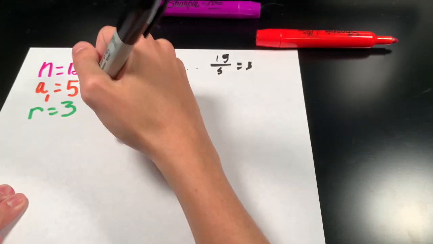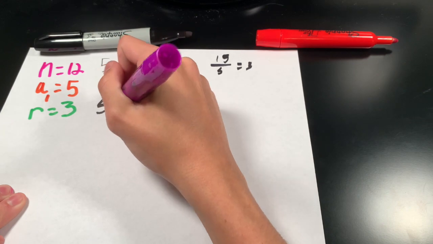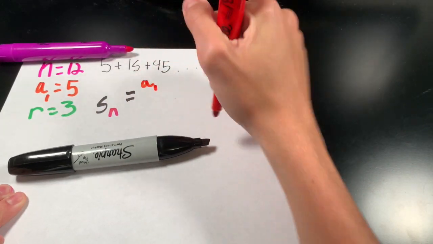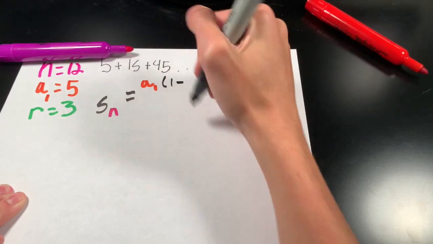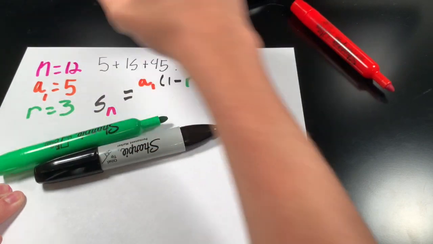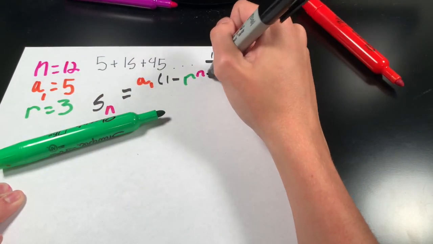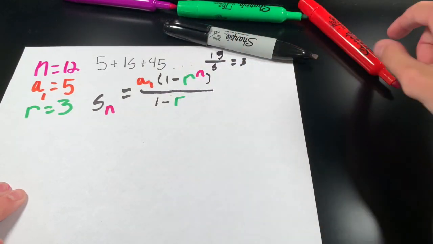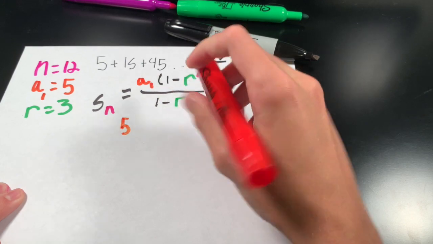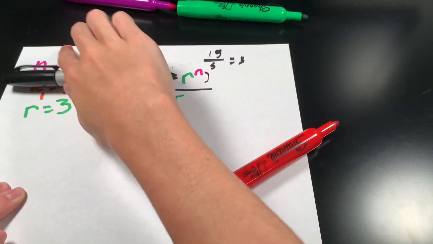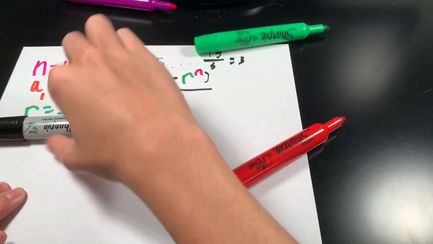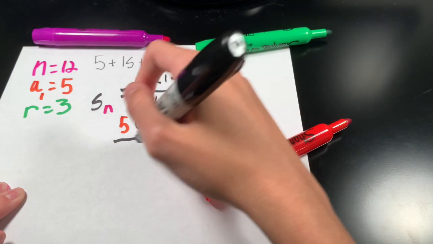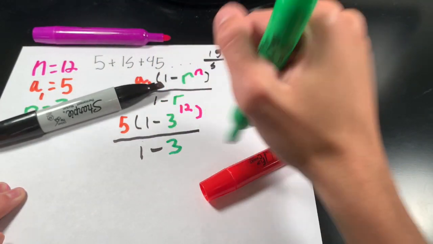From here we can start hashing out our formula. S of n equals A1 times 1 minus R to the n, over 1 minus R. Let's define these terms: A1 is 5, times 1 minus 3 to the nth power, which is 12, all over 1 minus 3.